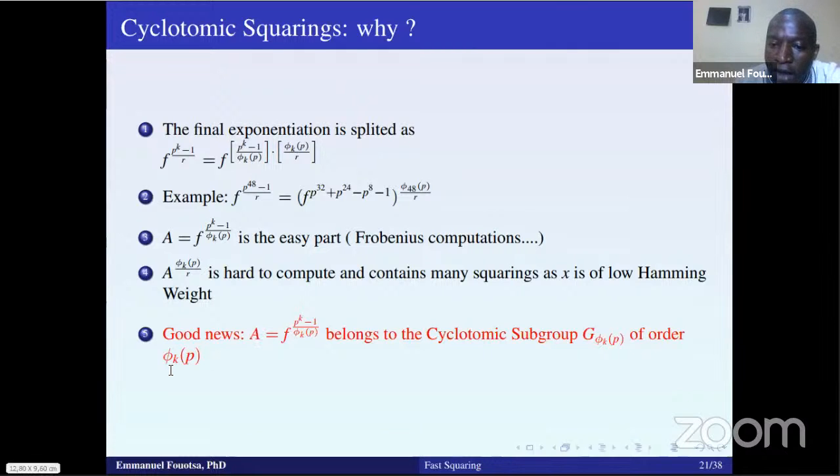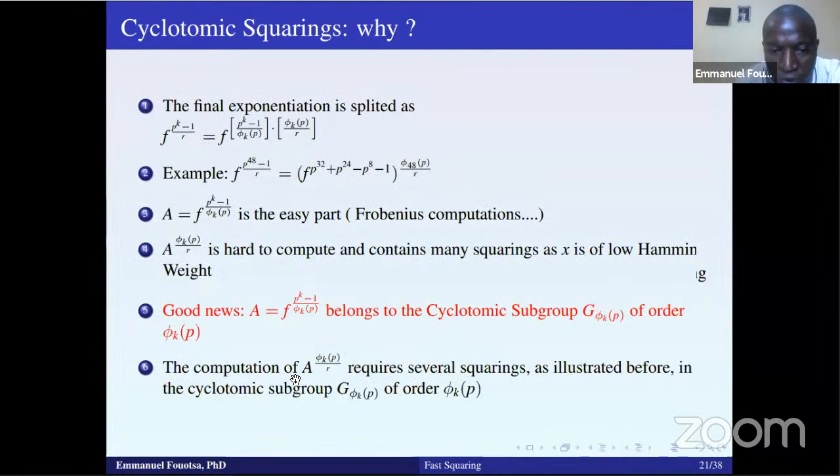So the numerous squarings that we are going to perform now belong to the cyclotomic subgroup. If you find a nice formula in a cyclotomic subgroup to reduce the cost of squaring, it will be very welcome. So how do we deal with this?